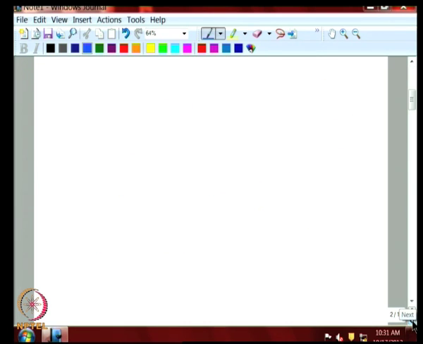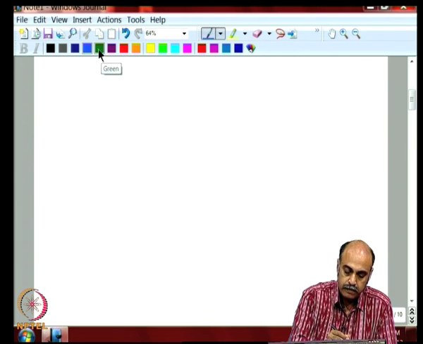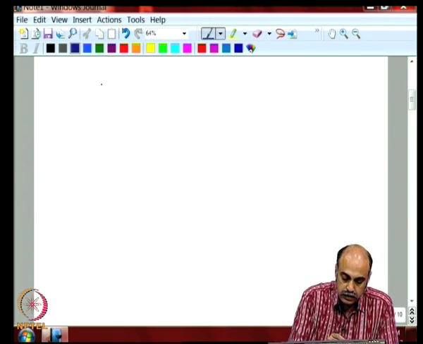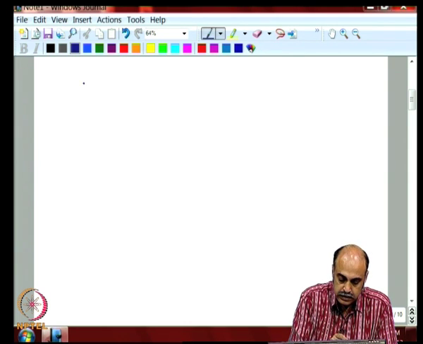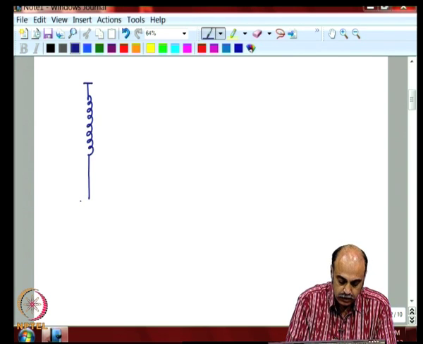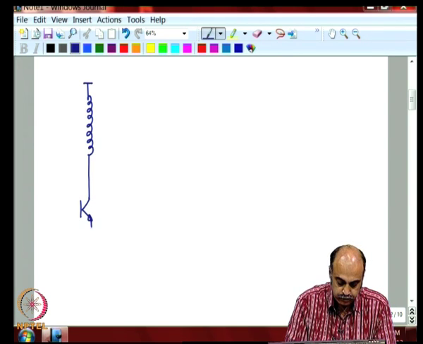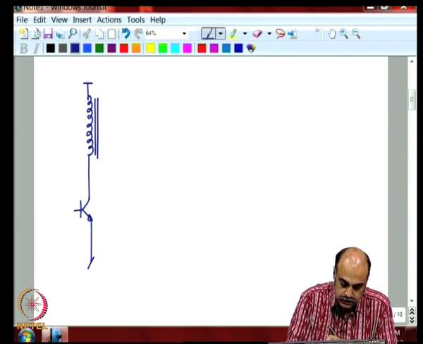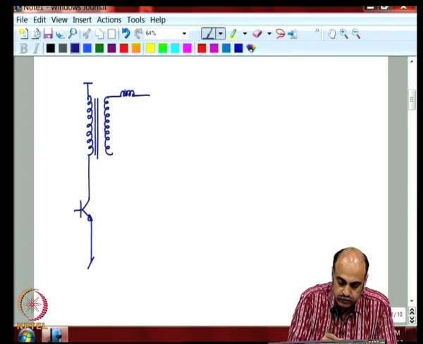So, if we take the case of the magnetic amplifier based method, I will just draw here now only one winding. It is assumed that there may be other windings.